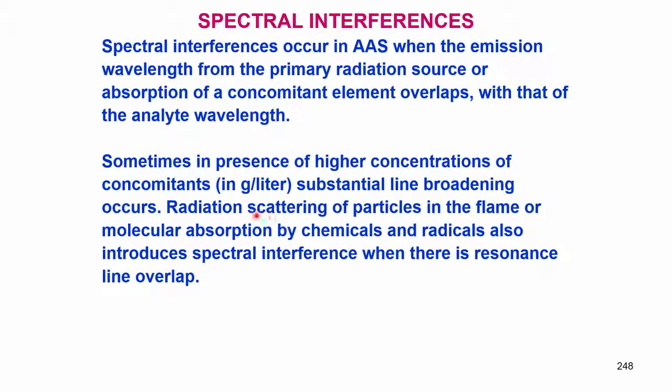So, radiation scattering of particles in the flame or molecular absorption by chemicals and radicals also introduces molecular interference whenever there is resonance line overlap. This I had already explained to you once. That means, along with the spectral line, there is a molecular absorbance line which encompasses totally the resonance line. Resonance line is only about 0.002 plus or minus 0.005 nanometers accuracy.